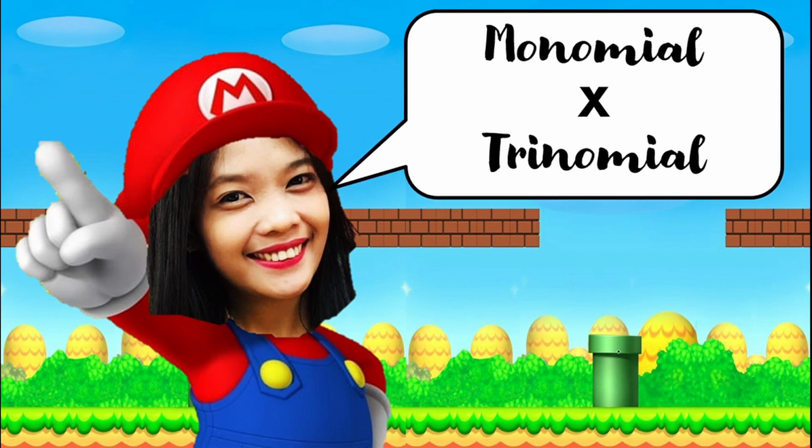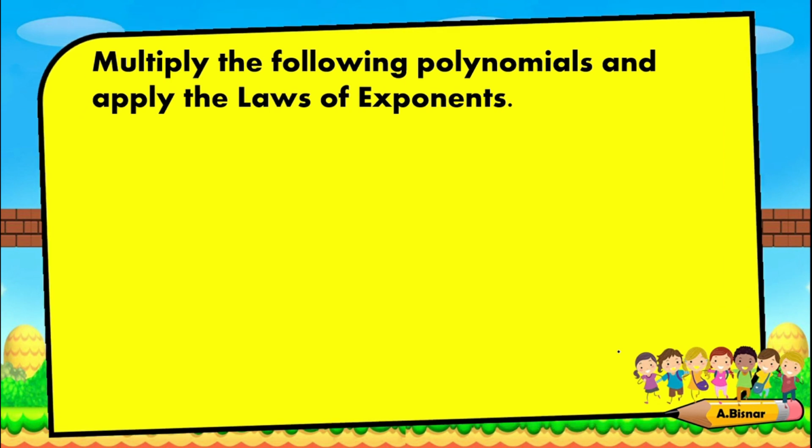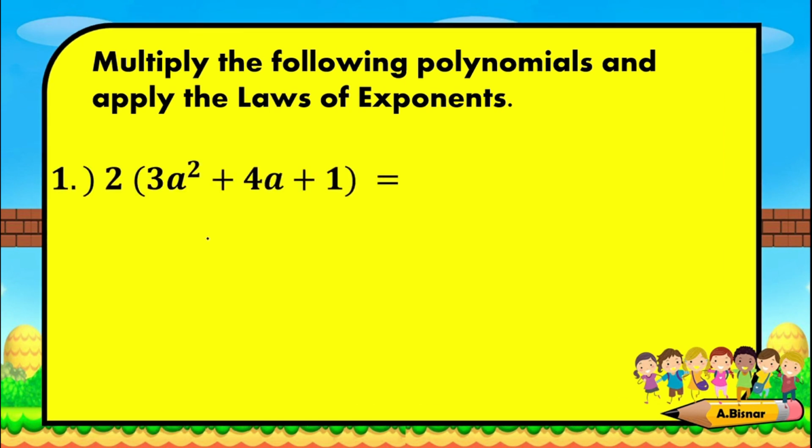Next, let's study about multiplying monomial to trinomial. So for number 1, we'll multiply 2 times 3a squared. Then, we'll multiply 2 to 4a.